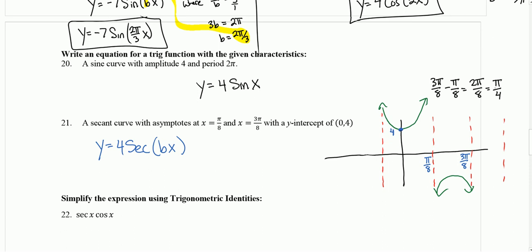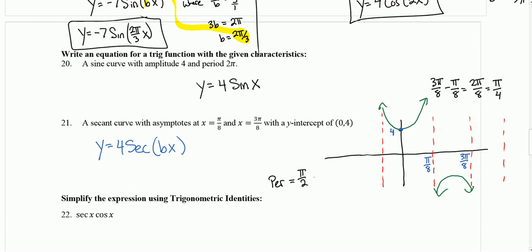So if I double that, we have a period of pi over 4 times 2, which is 2 pi over 4 or pi over 2. Again, this comes from doubling the distance between the vertical asymptotes.